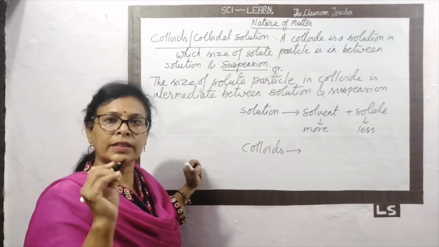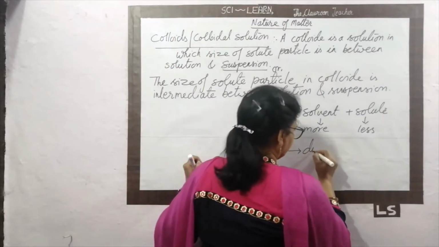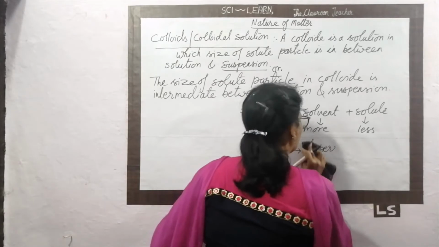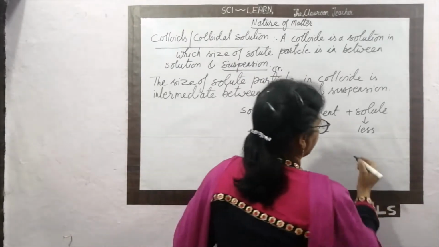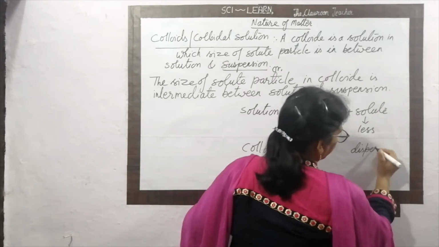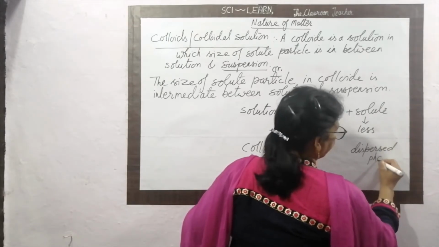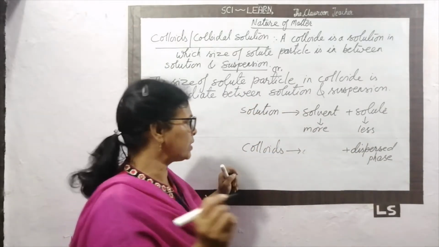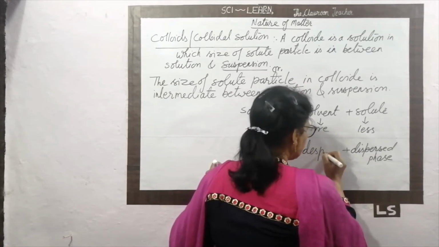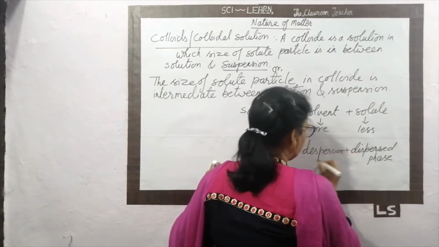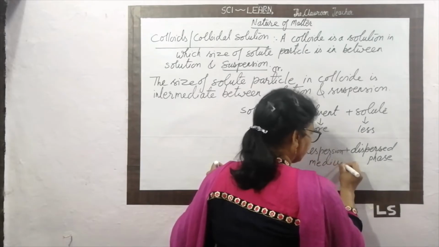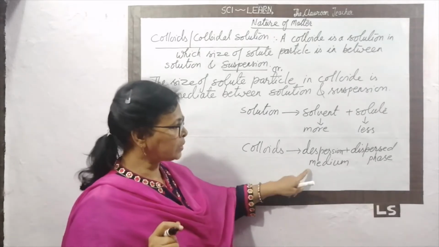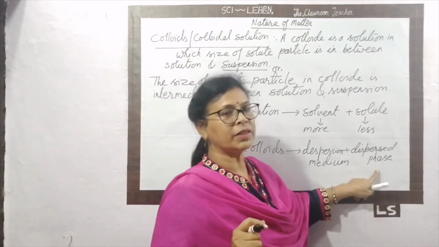One is called the dispersed phase. Next is called the dispersion medium. A colloid is made up of two substances: one is called the dispersion medium and one is called the dispersed phase.